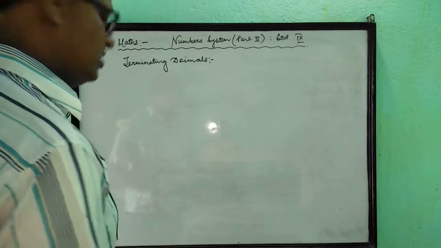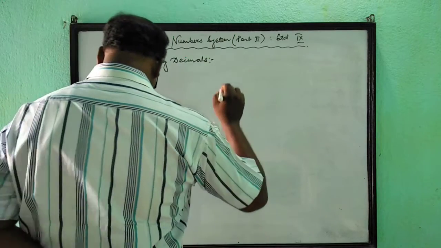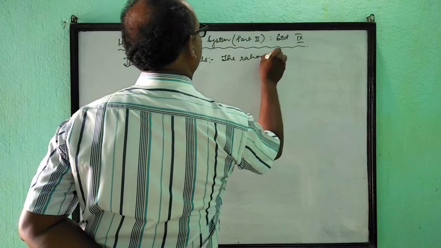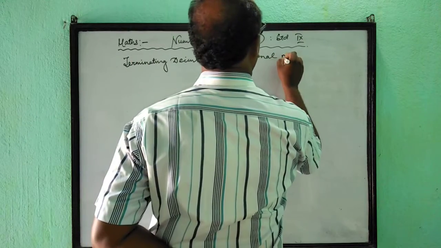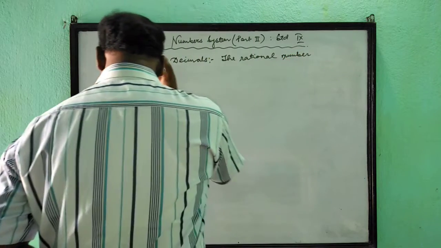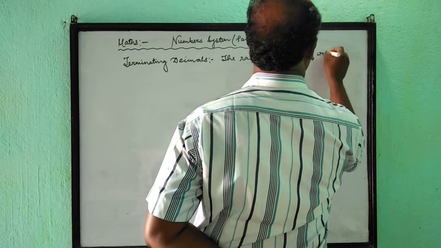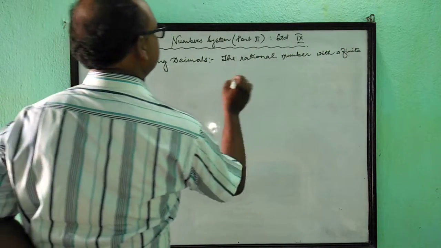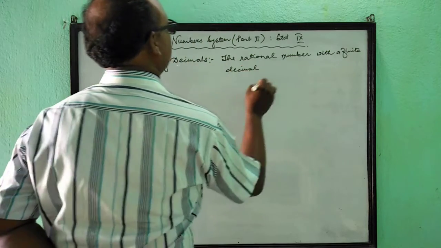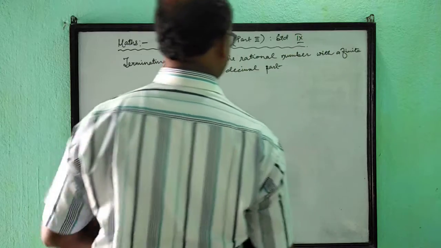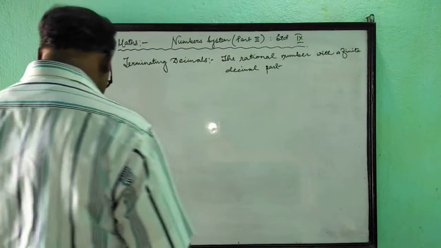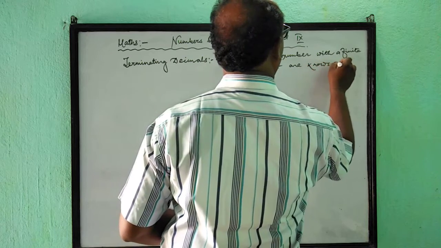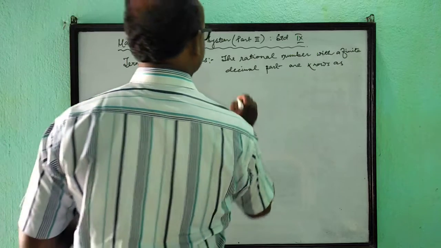Terminating decimals are those in which the rational numbers with a finite decimal part are known as terminating decimals.